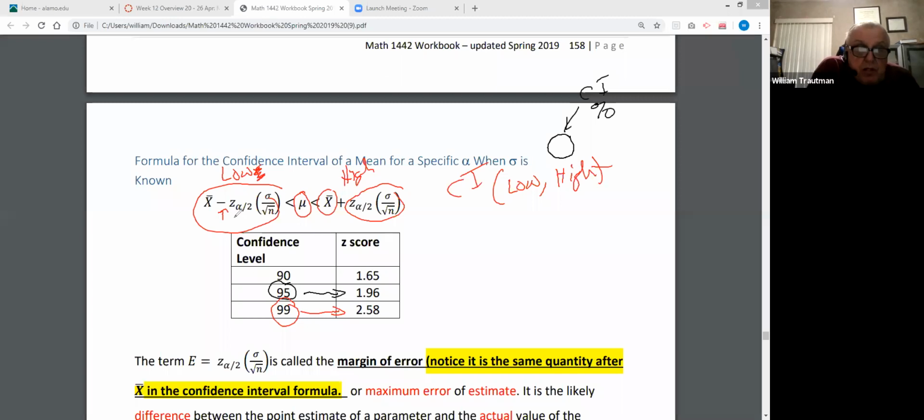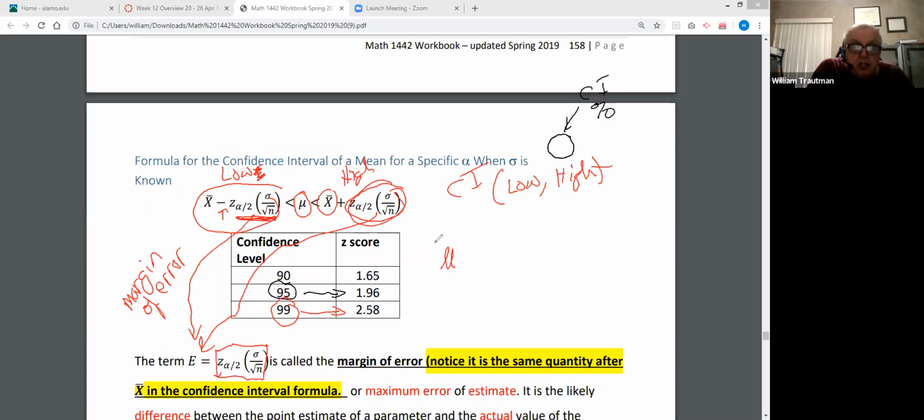This right here, we often refer to it as the margin of error. This plus or minus, this is the margin of error. So this is the mean. Do you see? Here's the formula again. Let me write it over here.